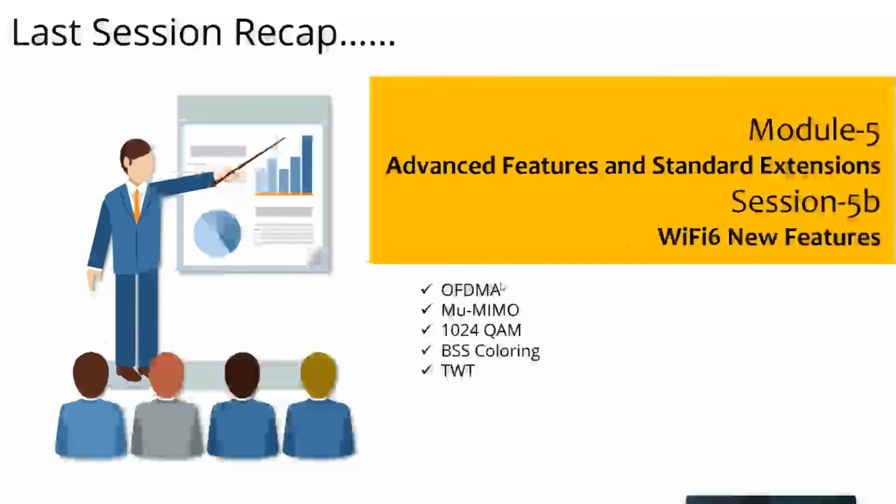Then we explained the concept of multi-user MIMO, and how it uses spatial diversity to transmit. If there are multiple stations all around the access point, the AP can transmit simultaneously to multiple stations and beamform the signals in an orthogonal way.